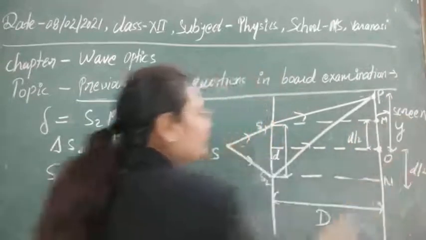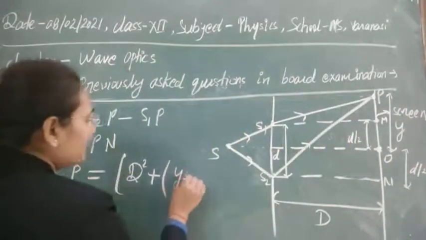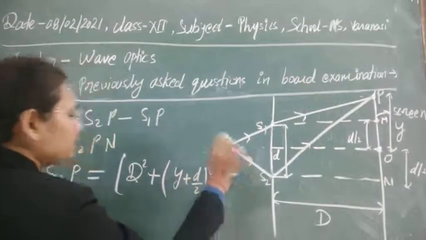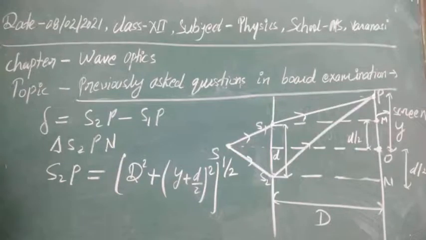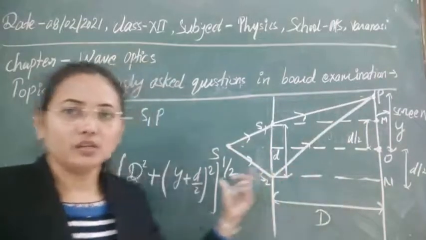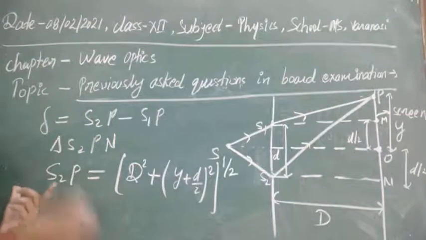So finally the whole distance will be y plus d by 2, whole square, and the whole to the power 1 by 2. Simple: hypotenuse square is equal to perpendicular square plus base square. So you can use the Pythagoras theorem to solve it.